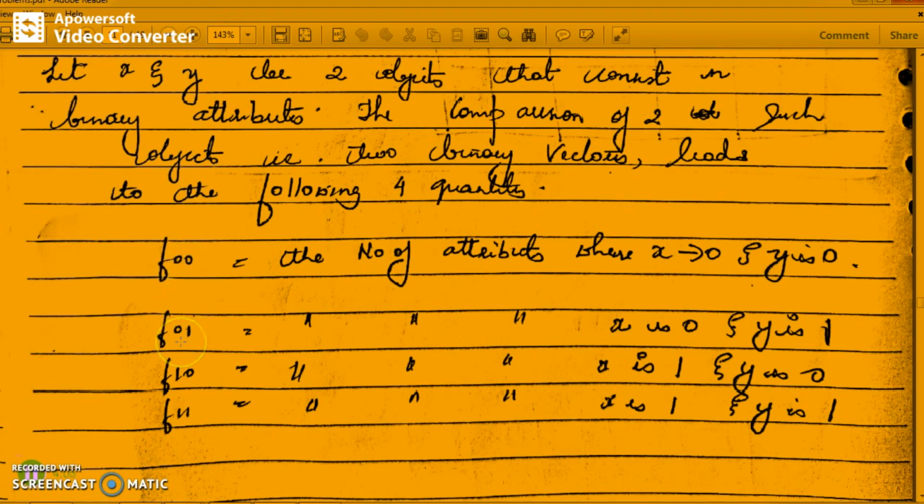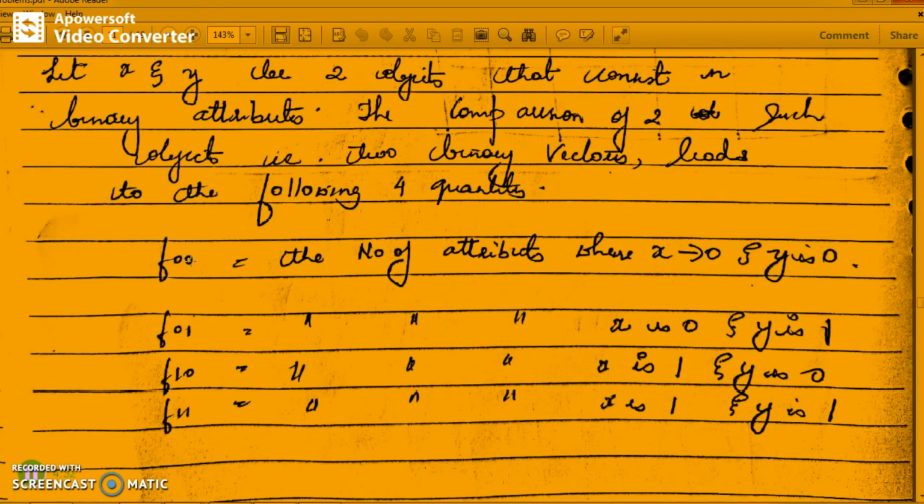Similarly, the second coefficient is f01. What is the meaning? fxy, x is equal to 0 and y is equal to 1. Similarly here, fxy, x is equal to 1 and y is equal to 0. And finally fxy, x is equal to 1 and y is equal to 1. So when it is 0 and 0, this means the two objects x and y have value 0.